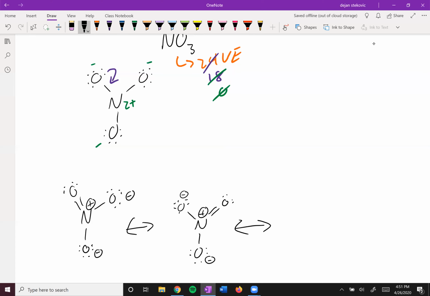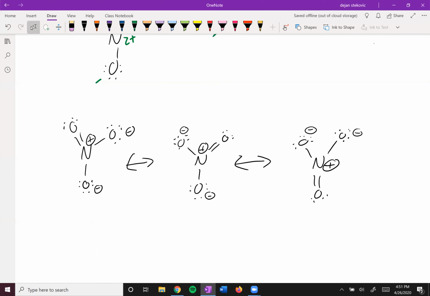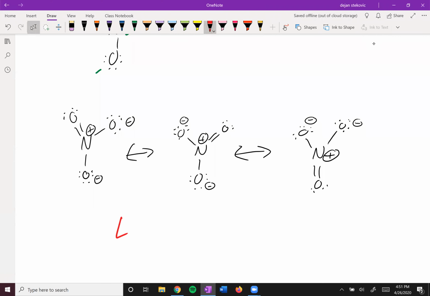Then one more. Cool. So you can see we have 3 different resonance structures. What does that mean in real life? In real life, it does not mean that every bond is a single bond some of the time and a double bond some of the time. That is not correct.